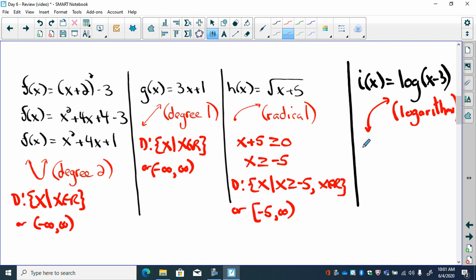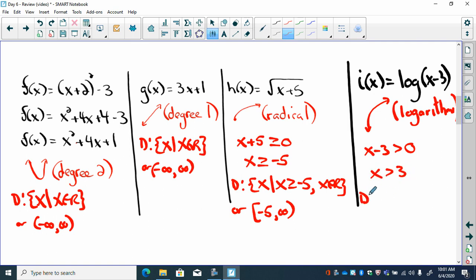So what I say there is x minus 3 has to be greater than 0. It can't be 0 actually either. So x minus 3 has to be greater than 0. Okay, like I said, 10 to the power of nothing would give you 0. That's not possible. So I would get x is greater than 3.